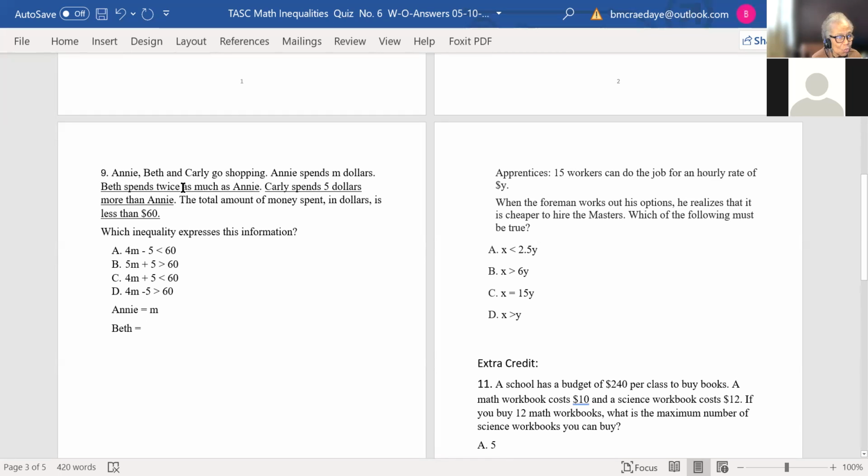Beth spends twice as much as Annie. That's a multiplication. So what would that look like as a math statement? Beth equals what, Maureen? How do you translate twice as much as Annie, and Annie is M?